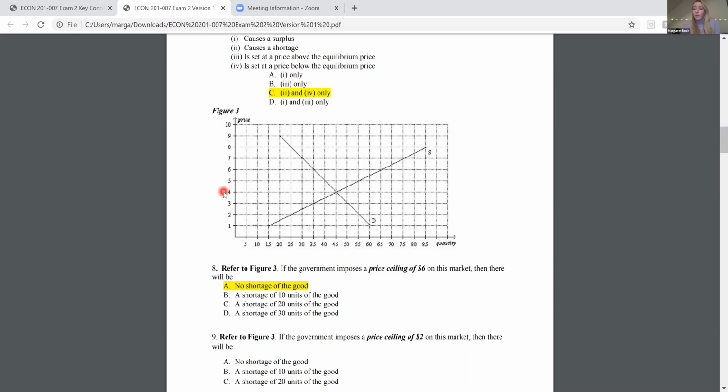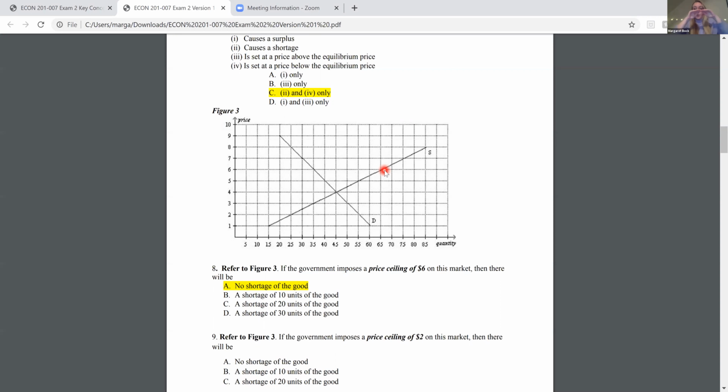They have agreed that $4 is a good price for this market. But if the government steps in and says we're going to impose a price ceiling of $6, the maximum price that this market is allowed to charge for this good or service is going to be $6.